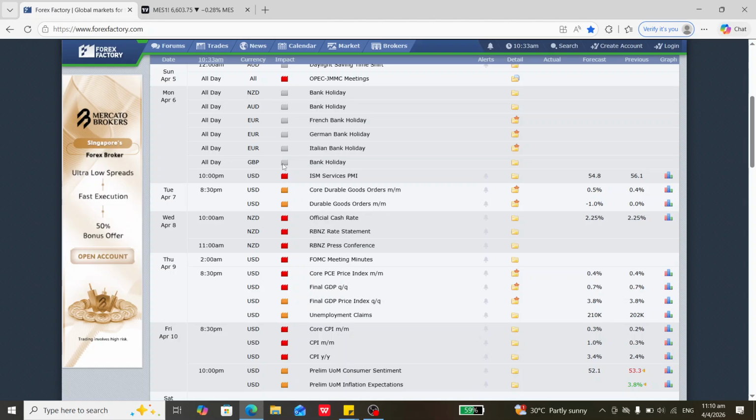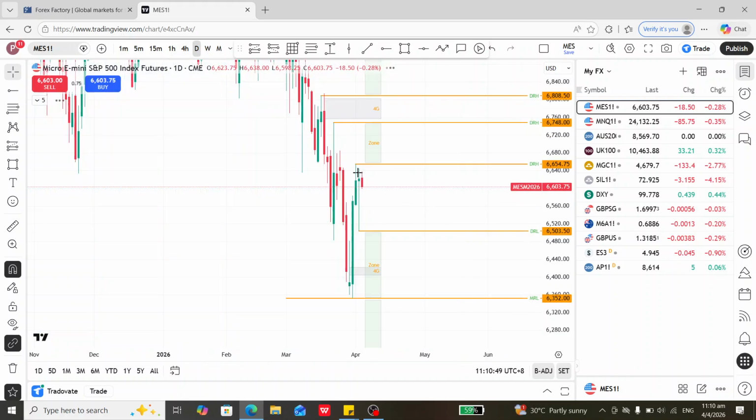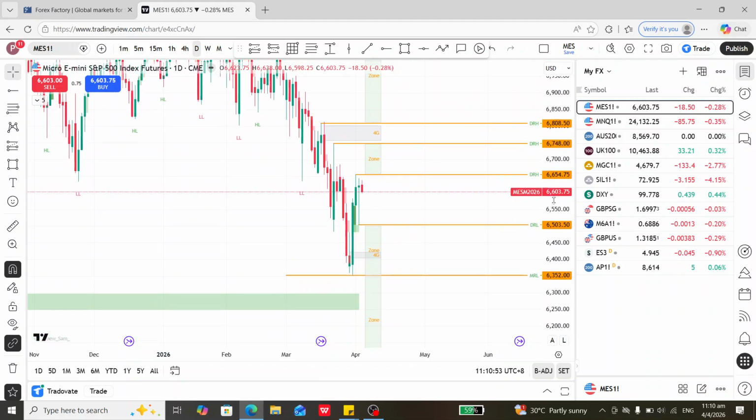Okay, let's take a look at the chart. We start with the S&P 500. S&P 500 got a few interesting zones. Let's go to the daily chart because most of the zones I drew are based on the daily.